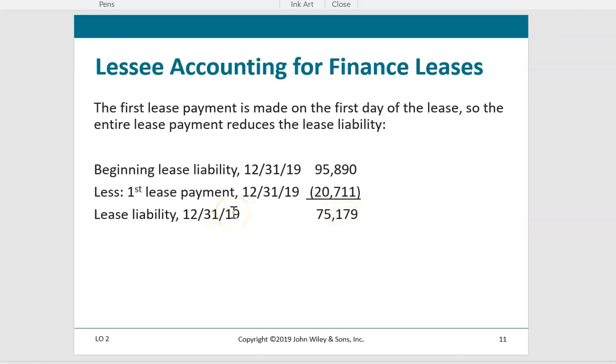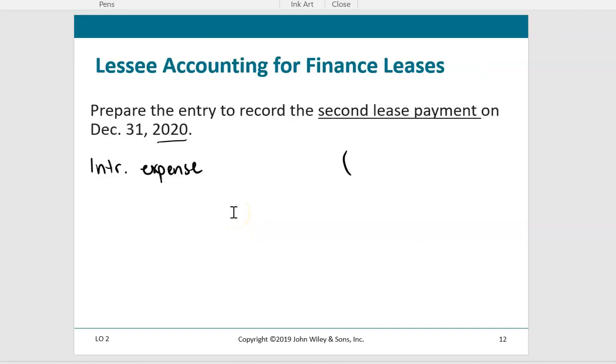And borrowed money over time results in interest expense. So the amount of our interest expense is equal to $75,179 multiplied by the implicit interest rate on that contract, 4%. So the interest expense is $3,007.